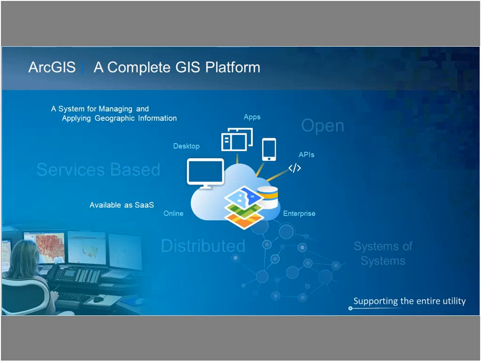Now, I wanted to show you a diagram that you've probably seen quite a few times from Esri over the years. This is an example of one of our general services-based distributed architecture diagrams that show the different components of ArcGIS in action together.